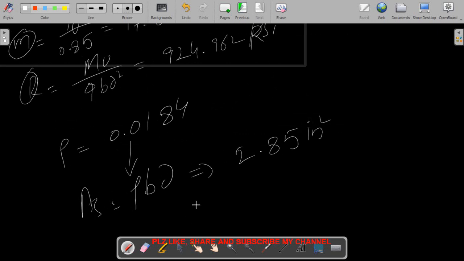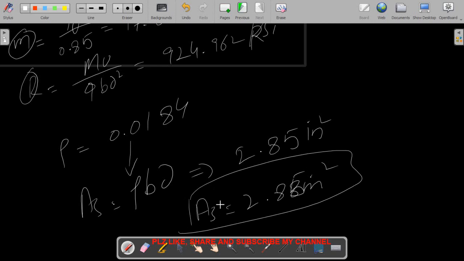So this is another way that you can calculate your required area of steel. So we have different methods: direct method, tabular methods, graphical methods, so many ways. A quadratic equation can be used, as I already explained, and I can calculate the values of area of steel.